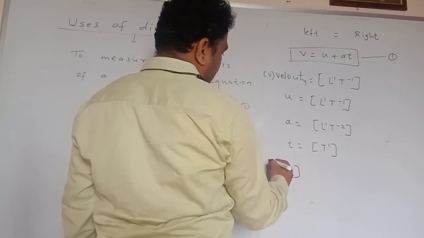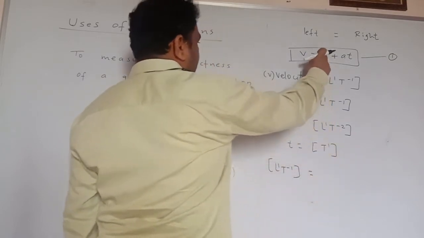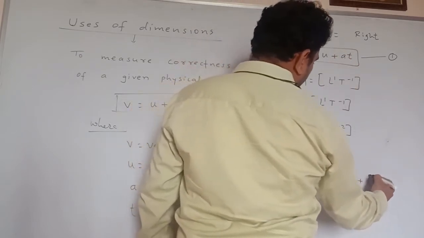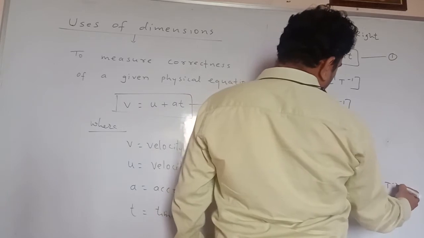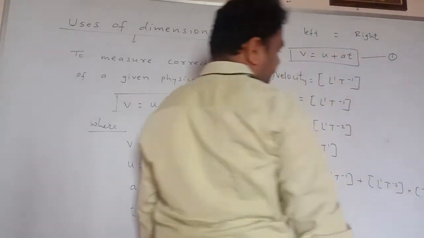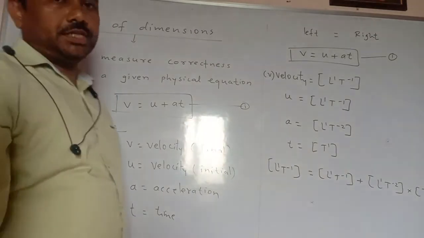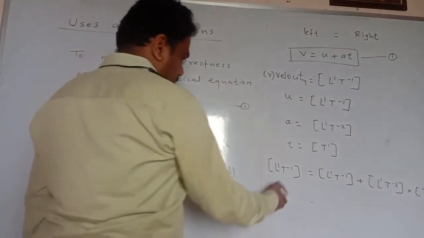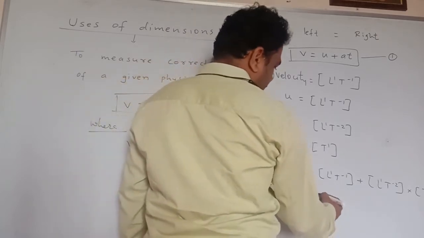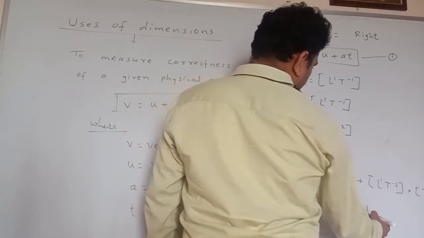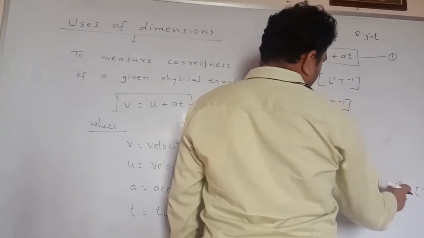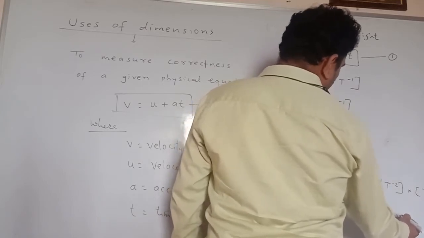L1 t minus 1 is equal to the dimension of u, L1 t minus 1, plus the dimension of acceleration, L1 t minus 2, multiplied by t1. After putting all the dimensions, we can easily calculate. The left hand side is L1 t minus 1, equal to L1 t minus 1 plus L1 t minus 2 multiplied by t, where minus 2 plus 1 becomes minus 1.